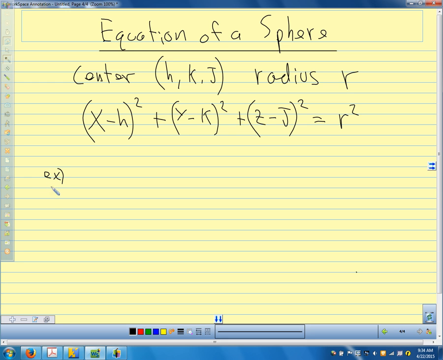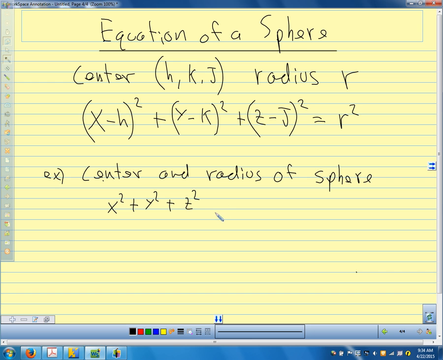So let's look at an example using this. We want the center and radius of the sphere, and our sphere is given by x squared plus y squared plus z squared minus 2x plus 6y minus 4z minus 2 equals 0.